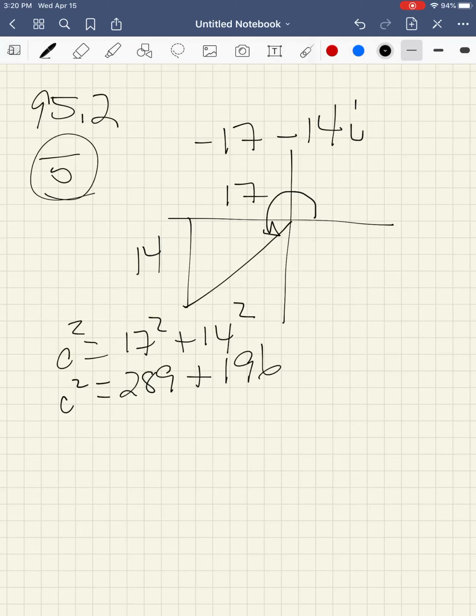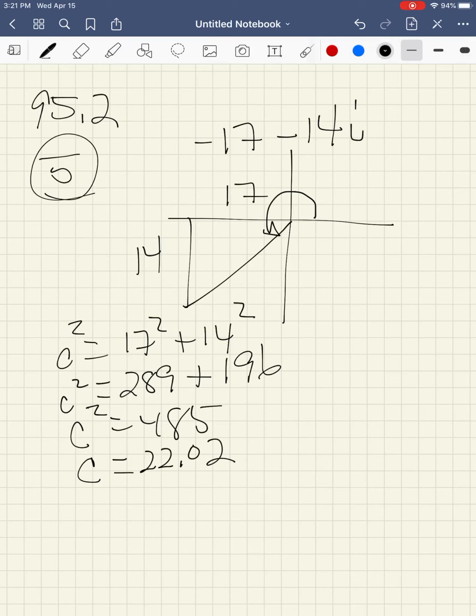Add those together, 485. So C is going to be the square root of that. And we might as well go ahead and get a decimal value for that. So I want second square root of the answer, 22.02.